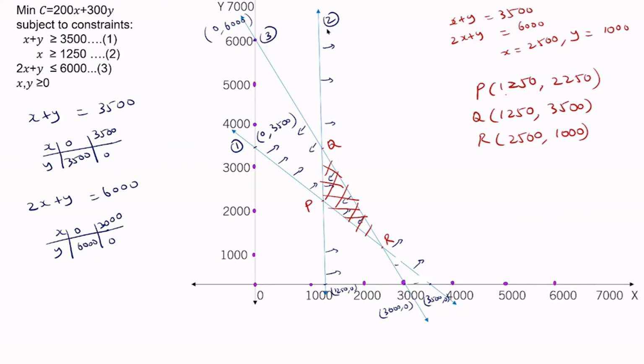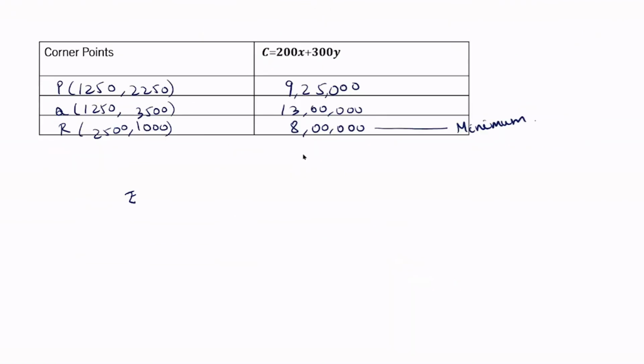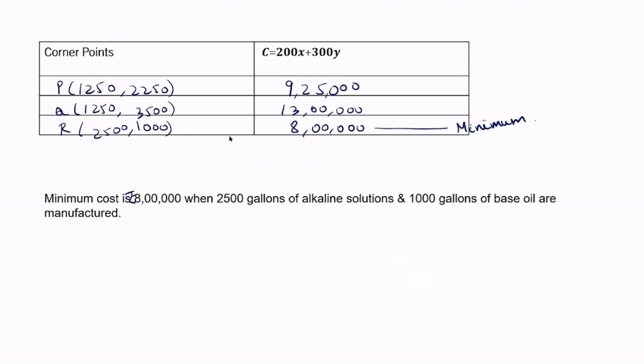Then drawing the graph carries 1.5 marks. All these workings can be shown in the rough. We need not show it in the fair side. And then finding the corner points and writing the result carries 1 mark. So a total of 4 marks.